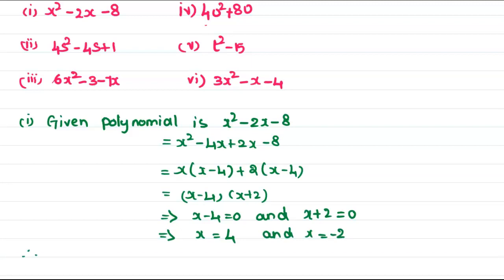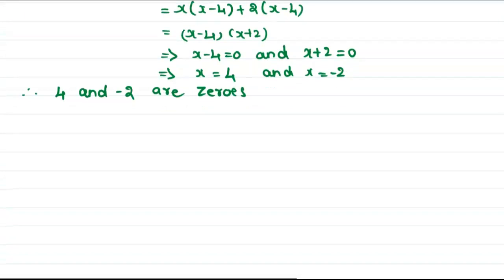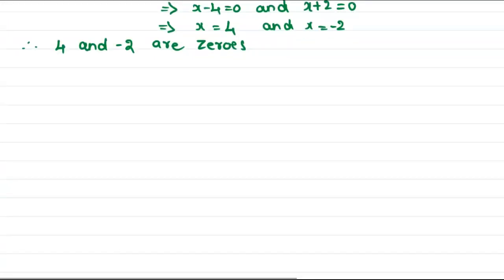So from this information, 4 and minus 2 are the zeros of the given polynomial. Now we have completed finding the zeros. Now we have to verify the relationship between the zeros and coefficients. For this, first the sum of the zeros.